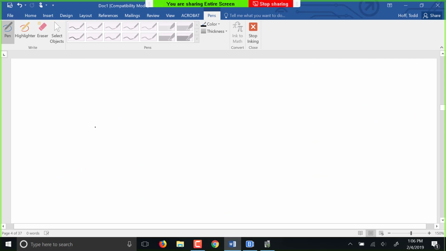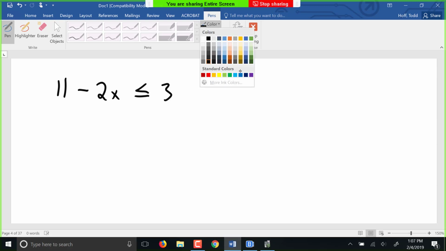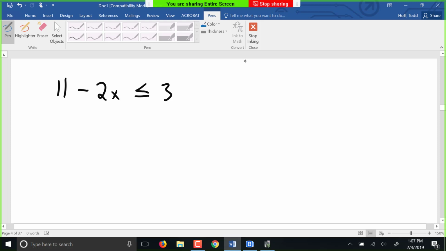So let's look at another one here. Let's do 11 minus 2x is less than or equal to 3. So to start solving this, the first thing I would have to do is subtract 11. Good.